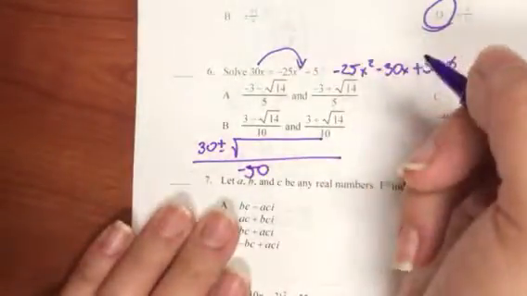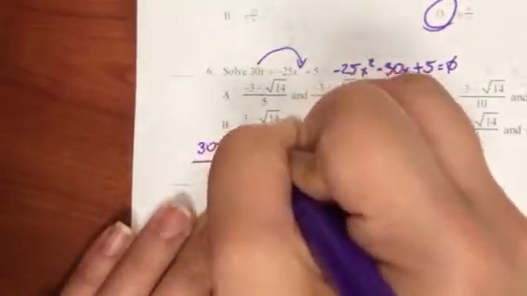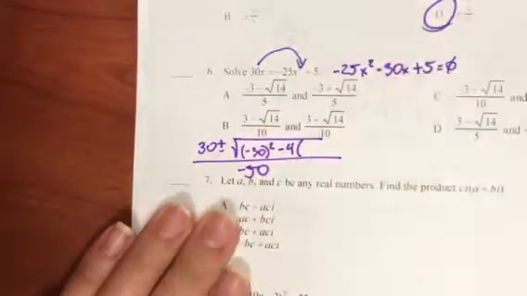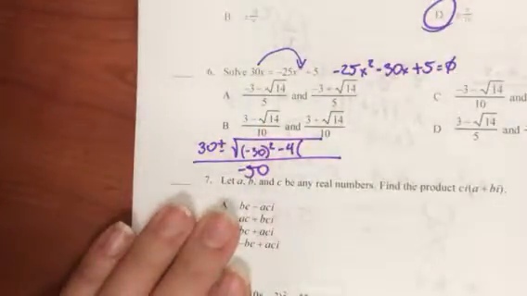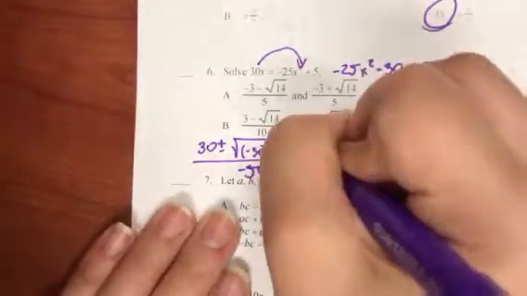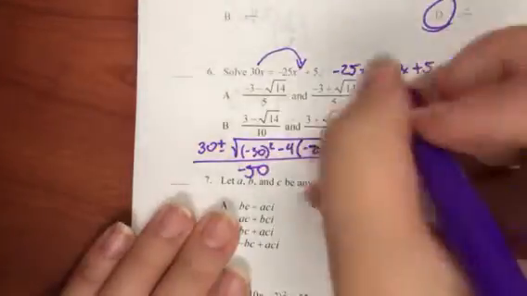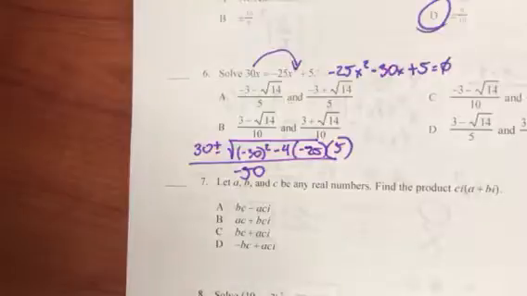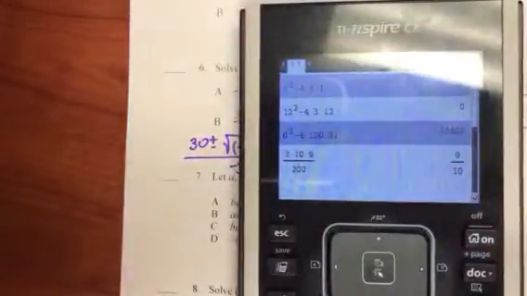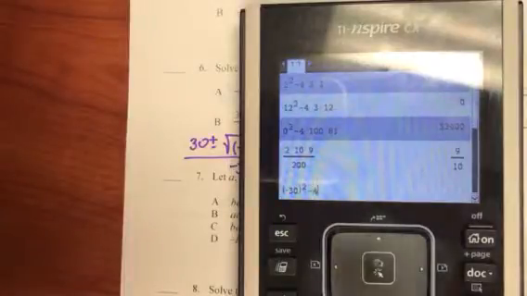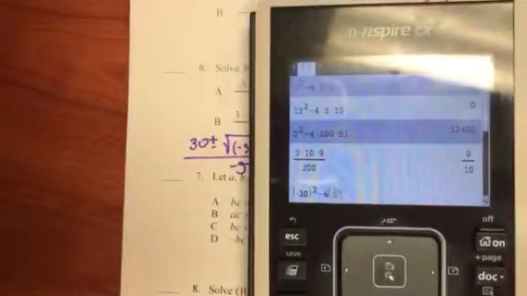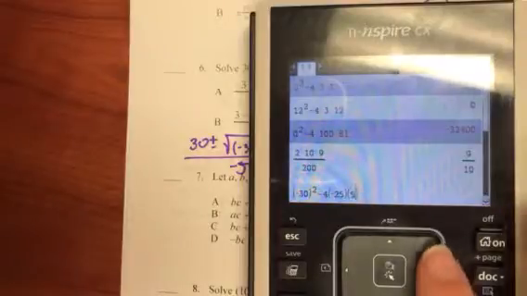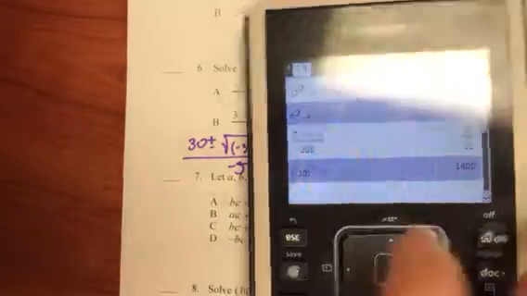And on the inside, I have my b squared, so that's negative 30 squared minus 4 times my a, which is negative 25, times my c, which is a positive 5. I'm going to type that whole thing into my calculator. Parenthesis, negative 30 squared minus 4 parenthesis, negative 25 parenthesis 5. 1400.